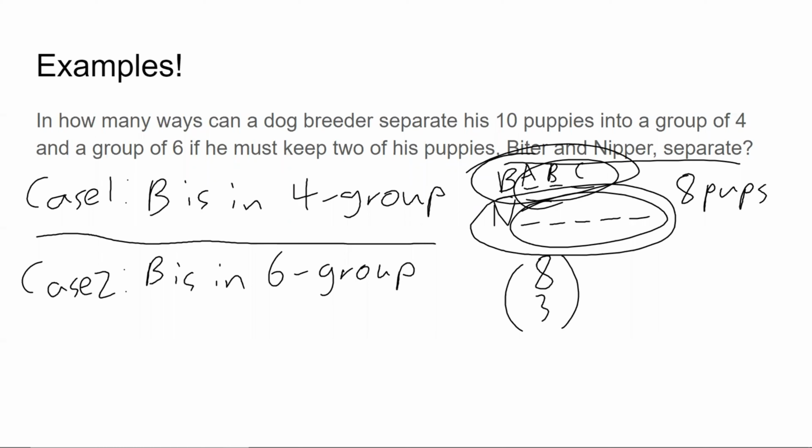Okay, so case 2. Biter is in the 6 group, which means Biter and 5 other dogs and Nipper and 3 other dogs. Can you guys figure out what we do here?